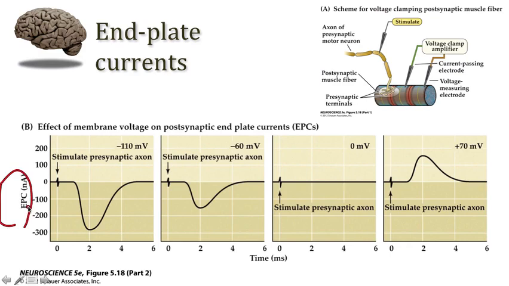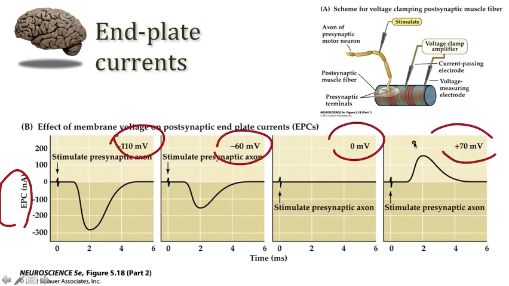So this is a kind of a postsynaptic current recorded from a muscle fiber. And notice that the muscle fiber is voltage clamped at different levels, from a rather hyperpolarized potential of minus 110 millivolts all the way up through an extreme depolarized potential of plus 70 millivolts.